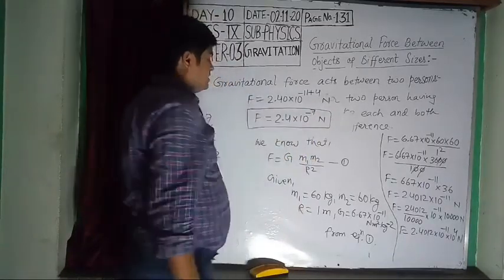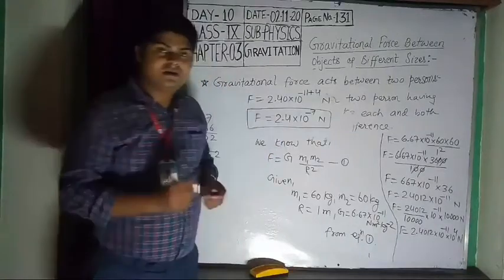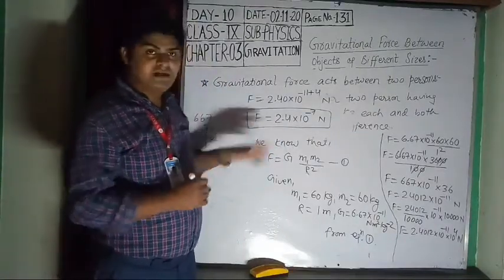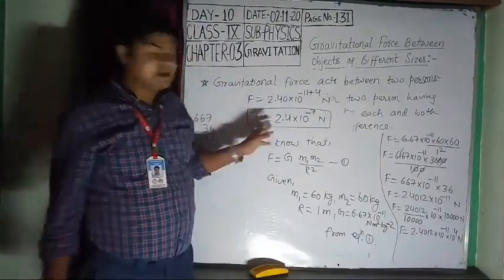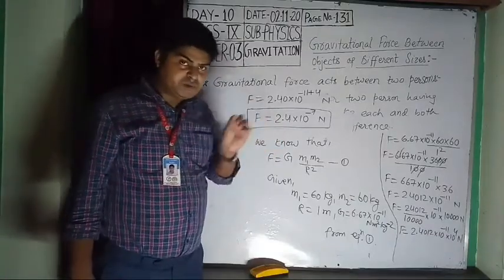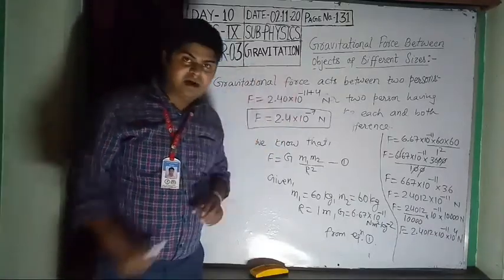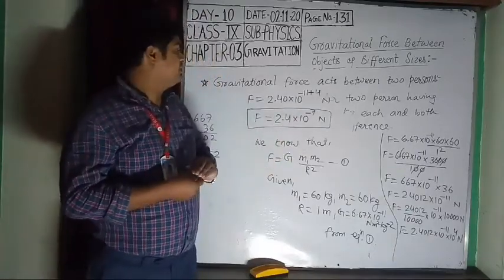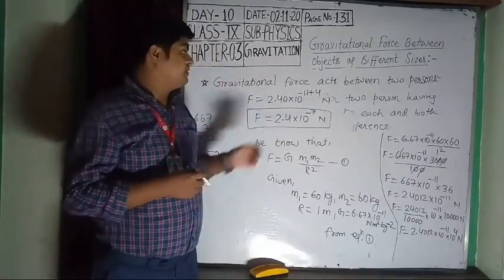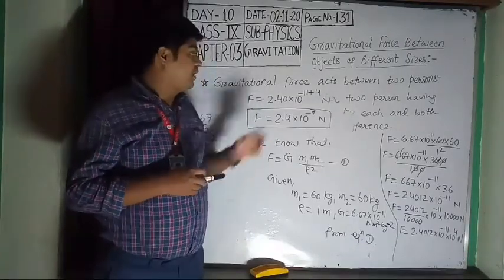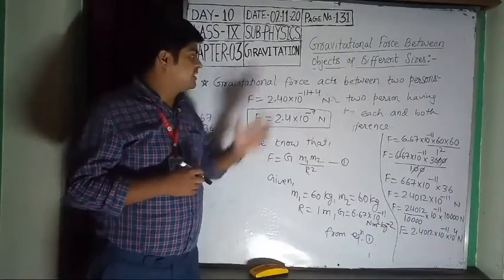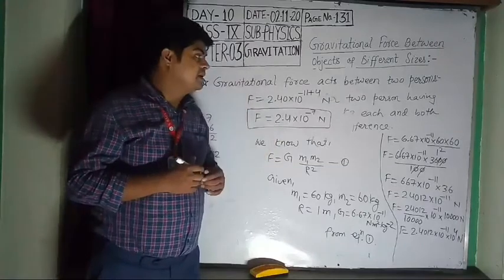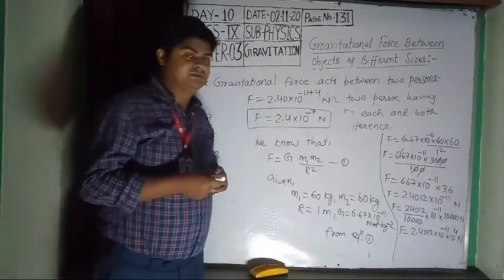Students, this is the final value of the gravitational force acting between two persons having mass 60 kg. I hope you have understood very well how to find the gravitational force acting between two persons.